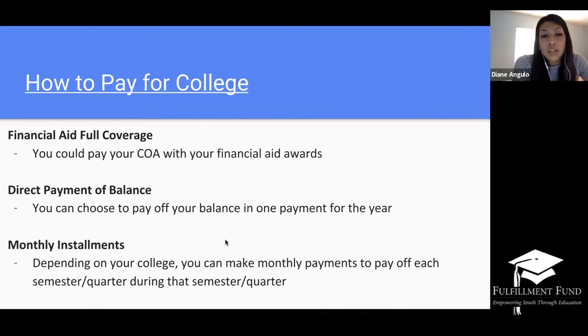Call the school's financial aid office and let them know, hey, I have a gap, I need to set up monthly payment installments, or what are my options to set up a payment plan. So these are your different options: monthly installments, direct payment of balance, which is paying it off for the full year, and full financial aid coverage, where your cost of attendance is fully covered with your financial aid.